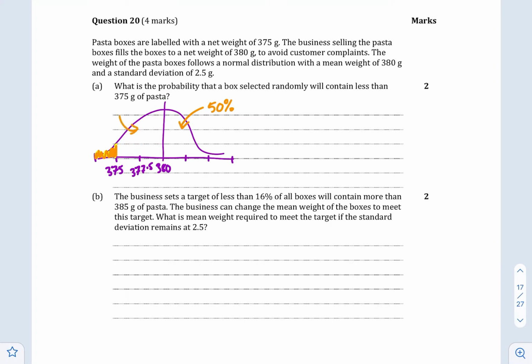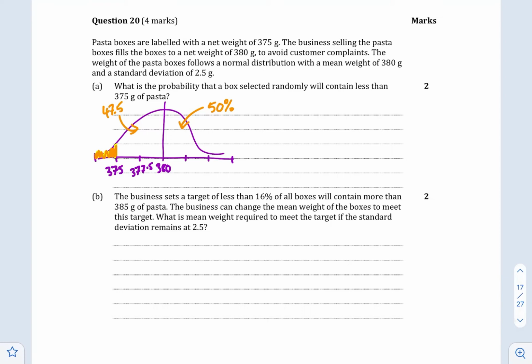So if I get 95 and divide it by 2, that's 47.5 in that space. But we don't want the space that we've calculated. We want the space that we haven't. So we can take away those percentages from 1.